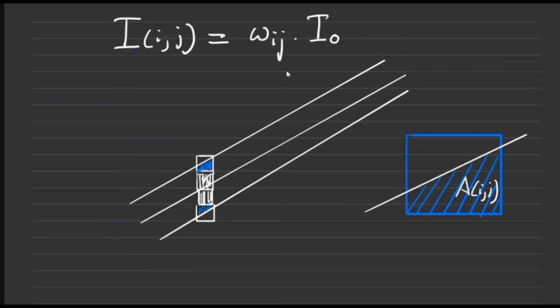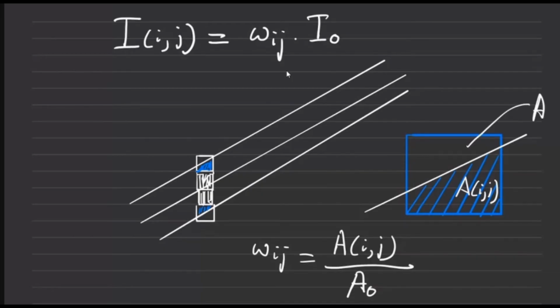So I will need the weight of i comma j, which is equal to A of i comma j upon A naught, A naught being the total area of the pixel. So this is the weightage factor with which I need to fill the pixel.